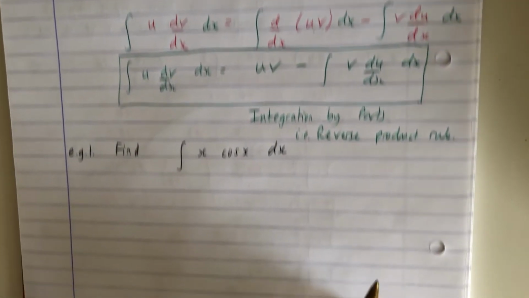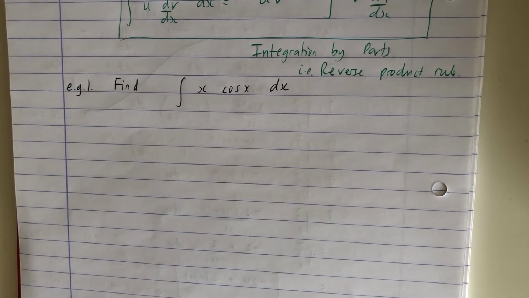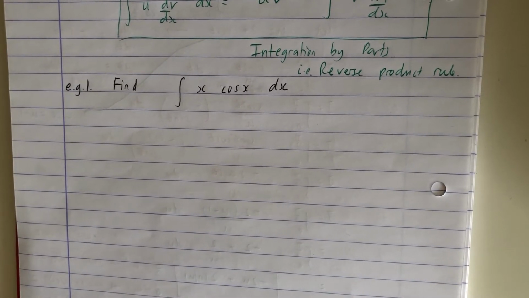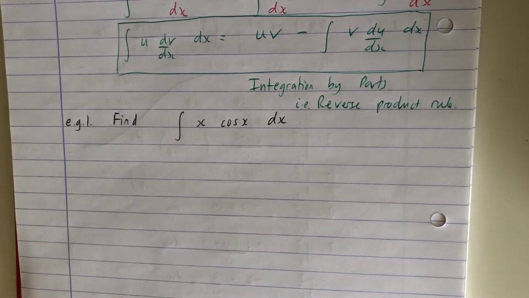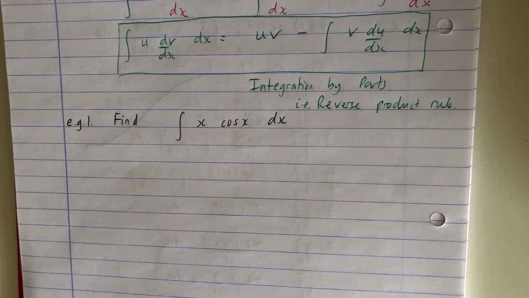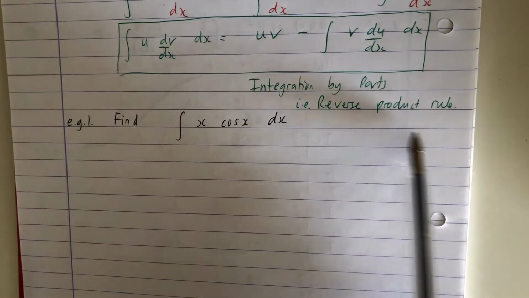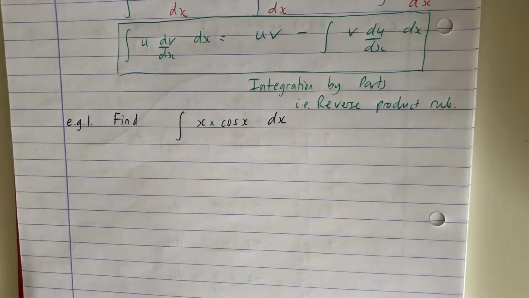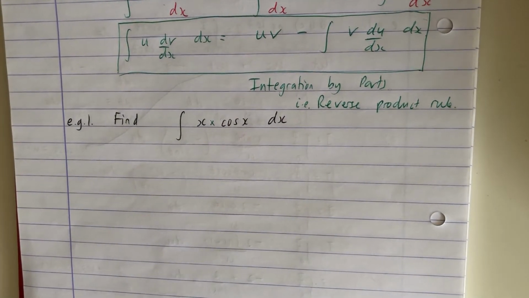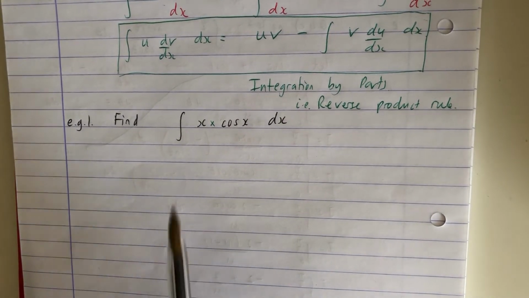And here's the first example. We've got to find out what x cos x integrates to with respect to x. And again, using the term reverse product rule, we've got a product, x times cos x, and then we've got this formula.